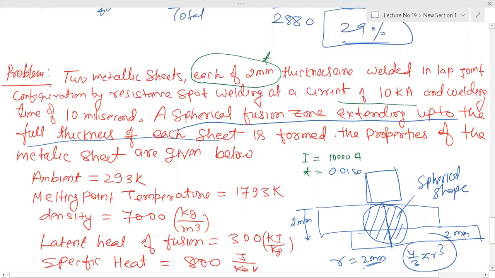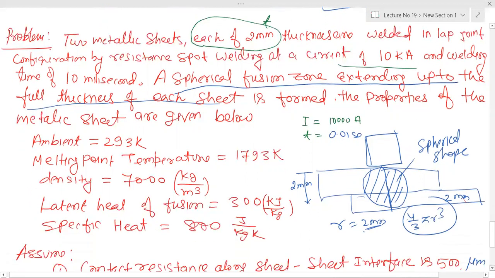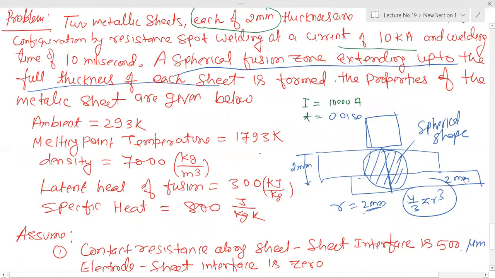And unit melting energy is not given, but latent heat is given. Specific heat is given. Density is given. Volume, you know, 4/3 pi r cube. R is 2 mm, right?